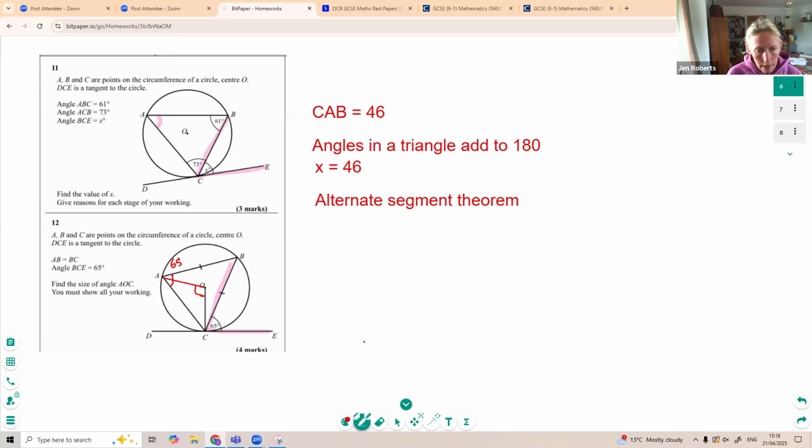I also know this is 90 because I've got a tangent touching the radius. So 90, take away 65 is 25. I can say OCB is 25. And the working out would be 90, take away 65. OCB, this one here, is 25.